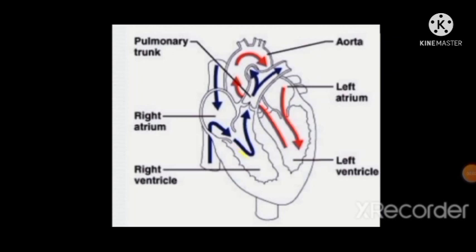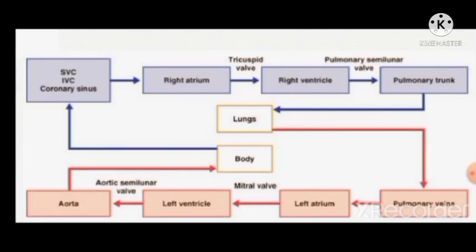From the right ventricle that blood goes to the lungs, and from the lungs that blood comes to the left atrium. From the left atrium that blood goes to the left ventricle, and from the left ventricle through the aorta that blood goes to the body. This is the overall circulation of the blood in the human heart.